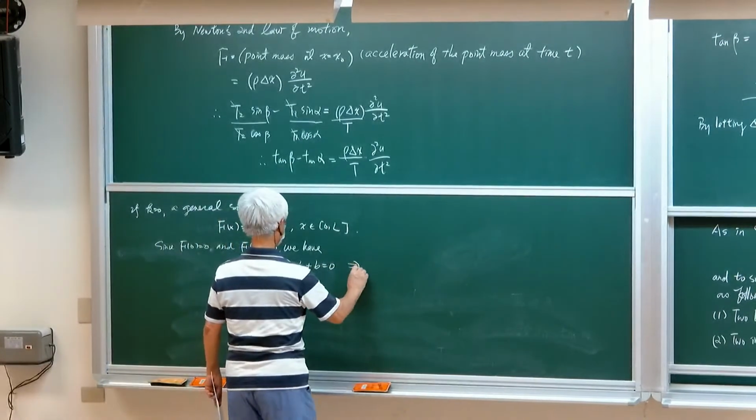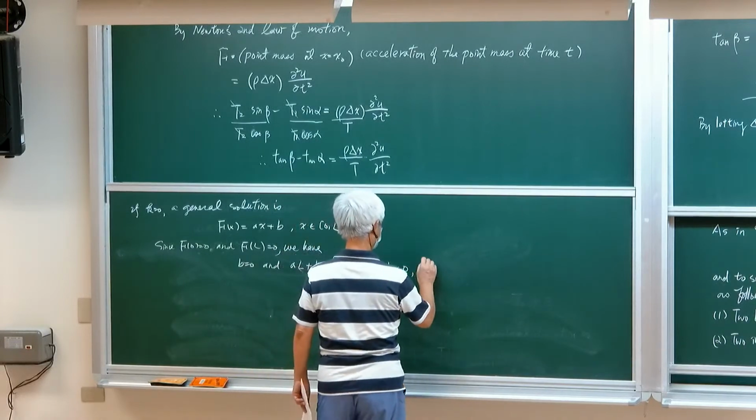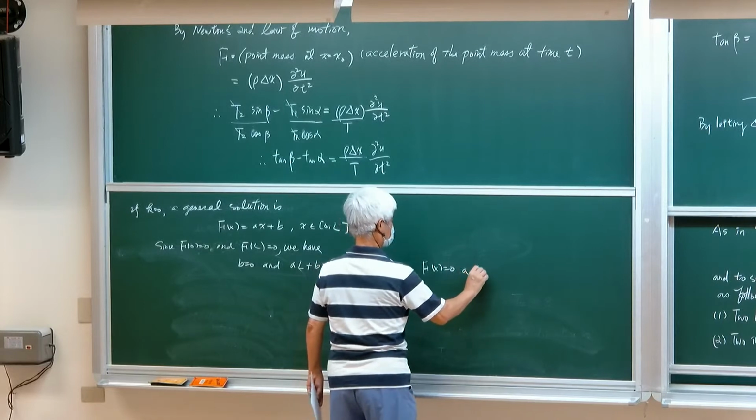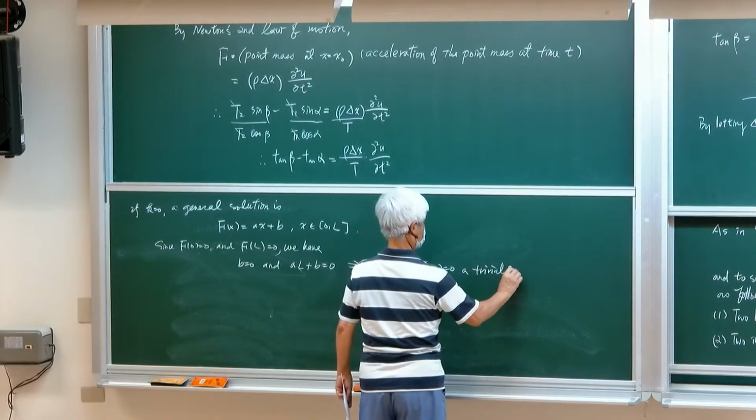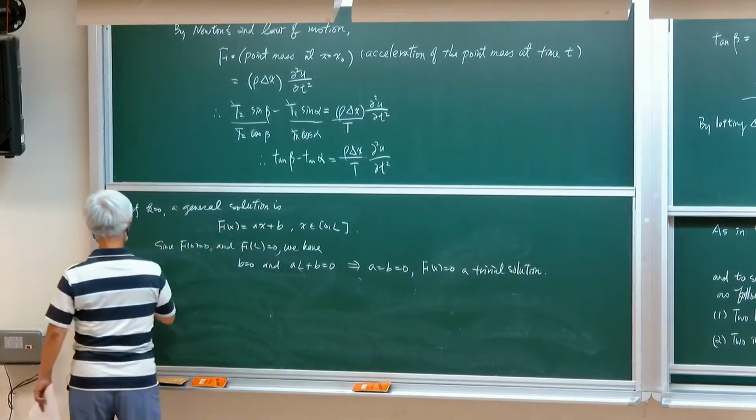So this implies that a equals b equals 0. So we have a trivial solution.